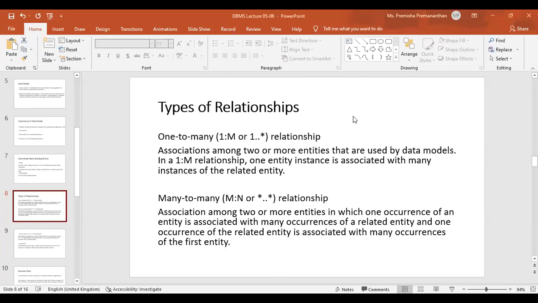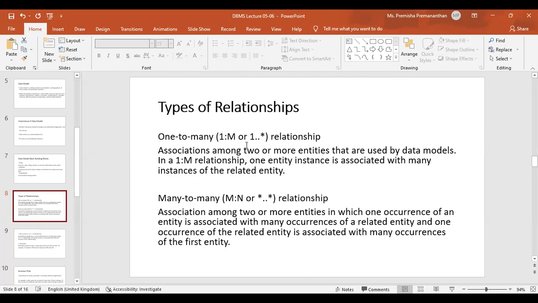One to many relationship: an association among 2 or more entities used by the data models is called one to many. Mostly we use 1 to M, capital, and 1 to asterisk sign also to represent 1 to many. Basically we call an entity an instance, right?